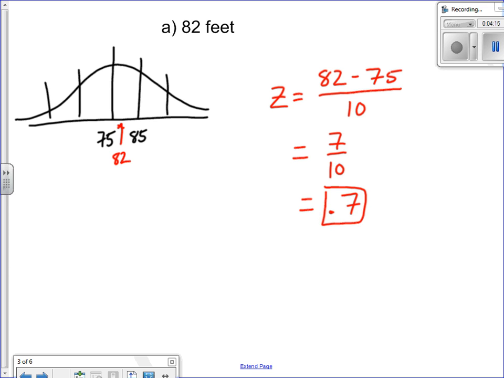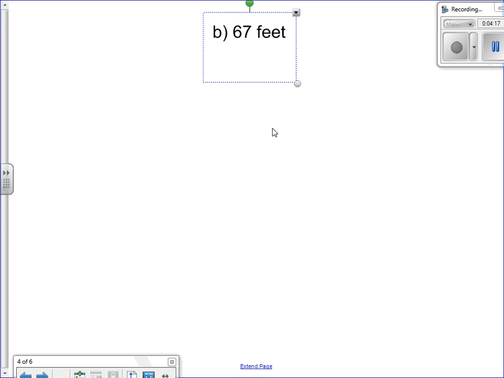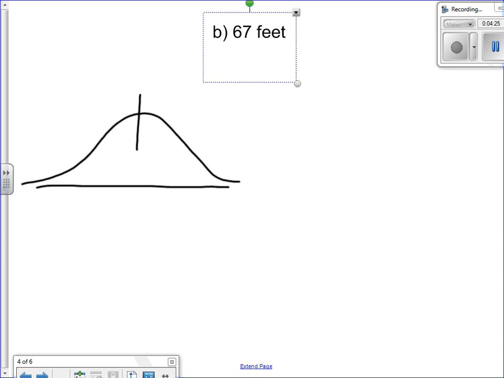So we are 0.7 standard deviations away from the mean. That next problem is for 67 feet. Again, maybe we take a look at 67 feet. This time we're sitting somewhere in the negatives, maybe about right here at 67 feet.